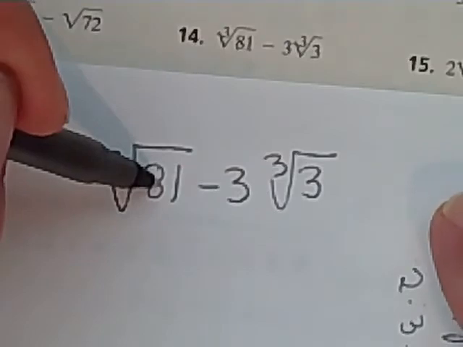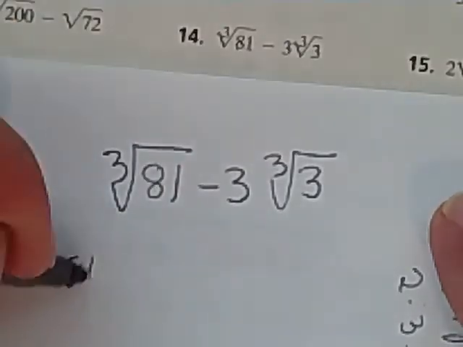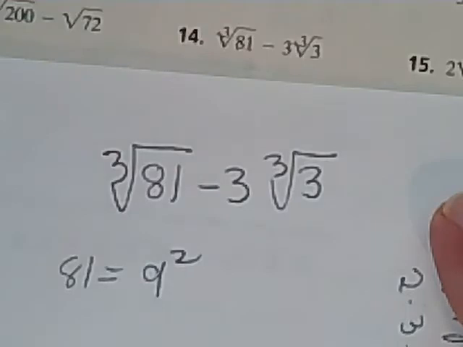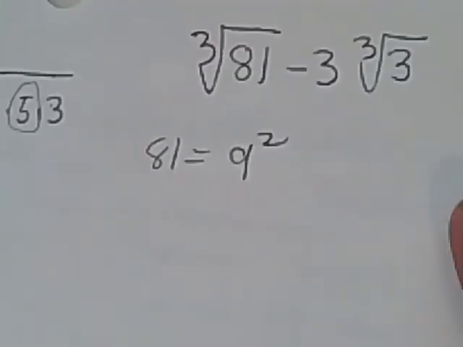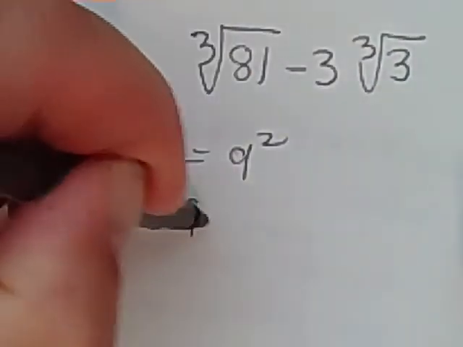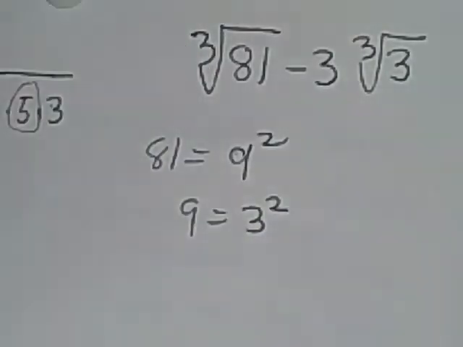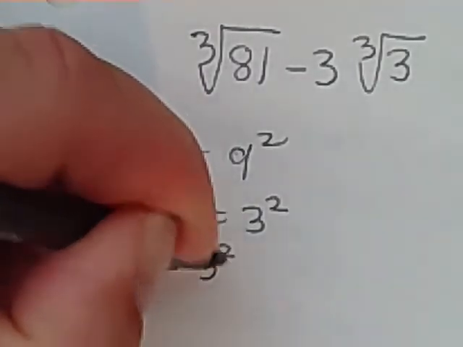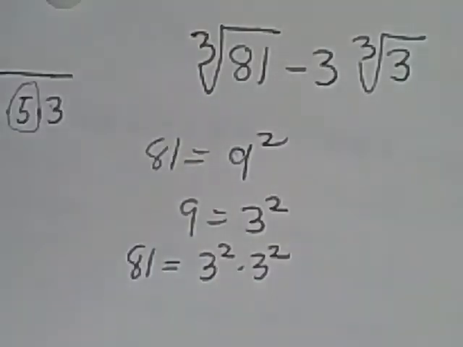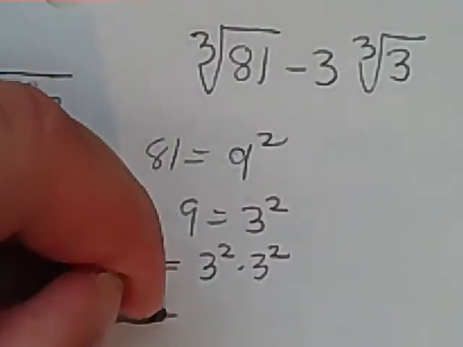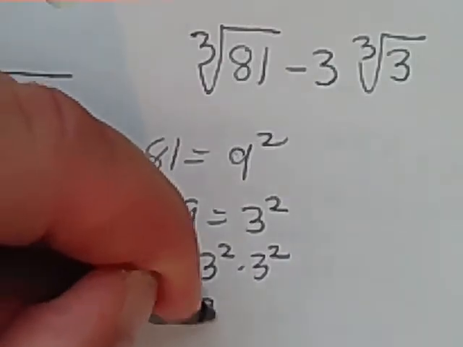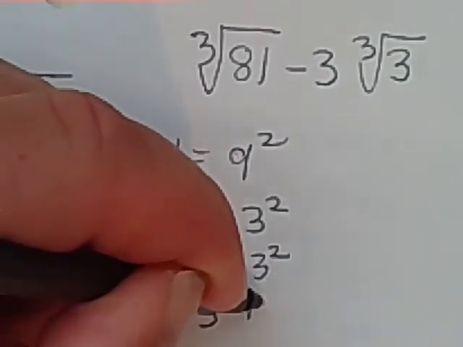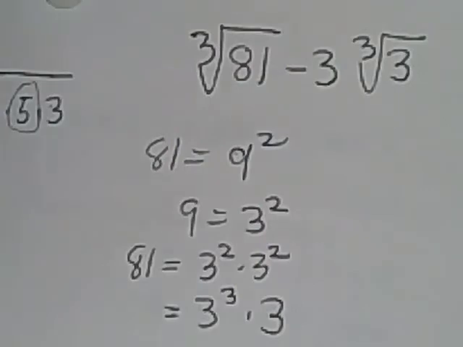When I look at 81, I recognize that 81 is equal to 9 times 9, 9 squared. Well, 9 is 3 times 3, or 3 squared. So 81 is equal to 3 squared times 3 squared, which I can rearrange and say, oh, that's 3 cubed times 3, which it is.